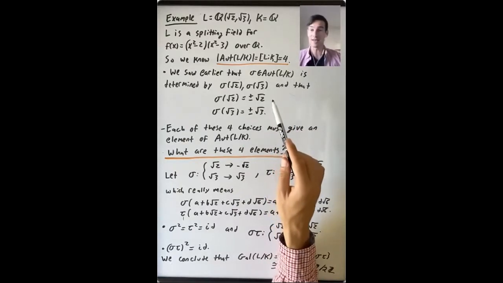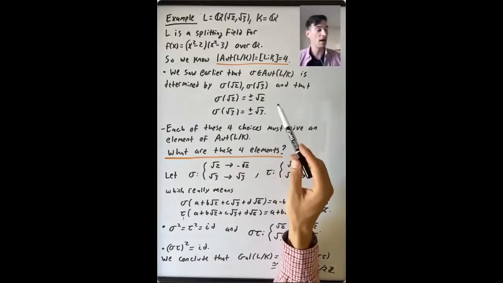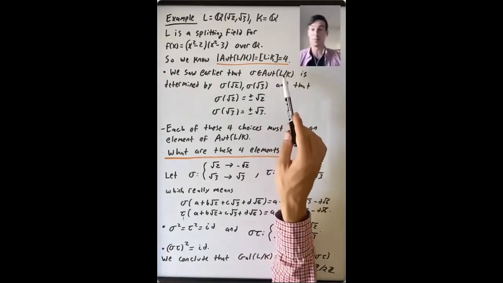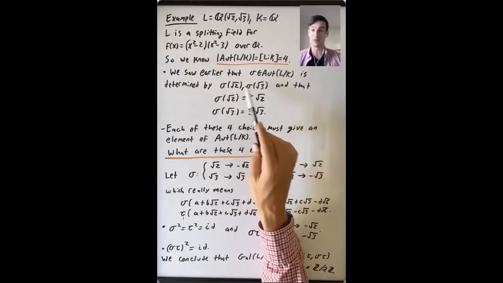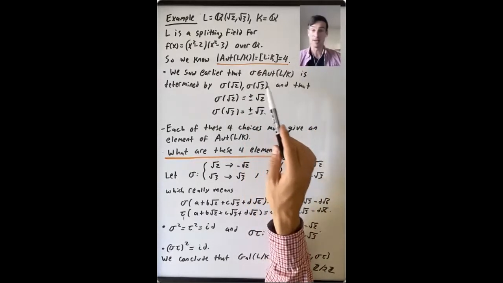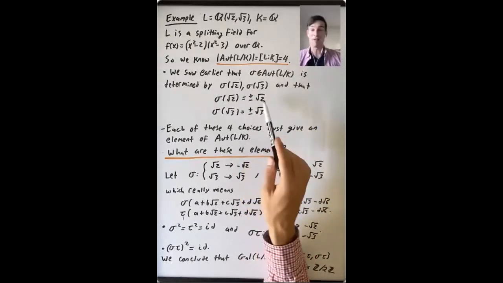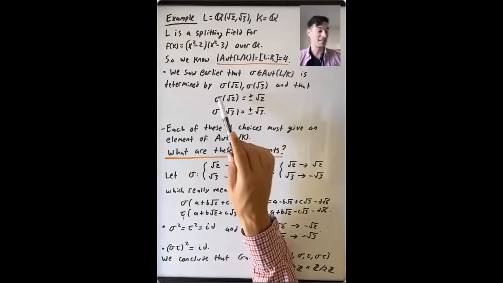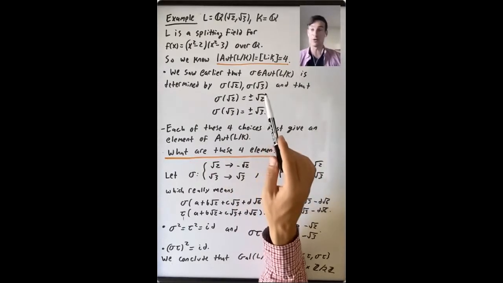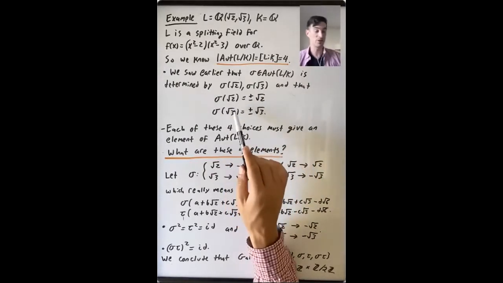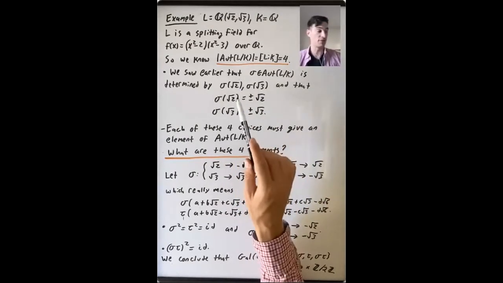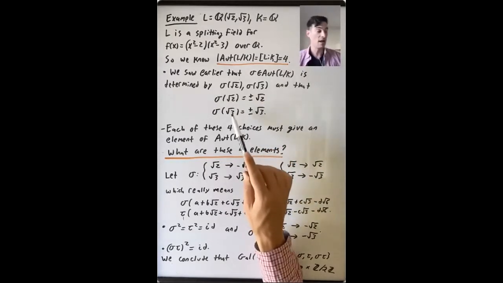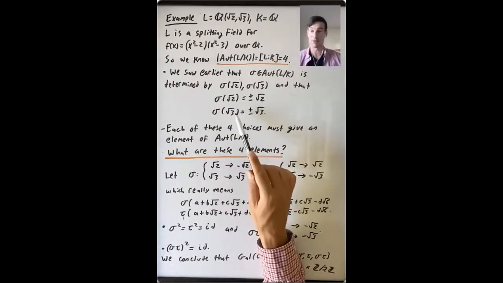So at the beginning of this lecture, we saw that any sigma in this group of automorphisms of L fixing K is determined by where it sends square root of 2 and where it sends square root of 3. And that we don't have many options. Sigma of square root of 2 has to be square root of 2 or negative square root of 2. And sigma of square root of 3 has to be square root of 3 or negative square root of 3. So there are 4 total choices, because I have 2 choices for where to send square root of 2 and 2 choices for where to send square root of 3.